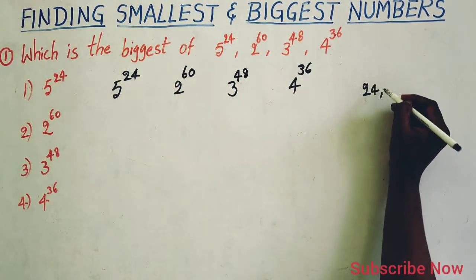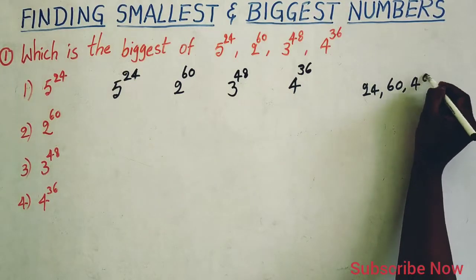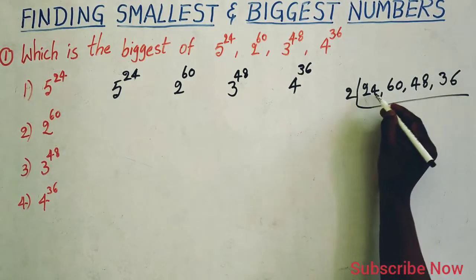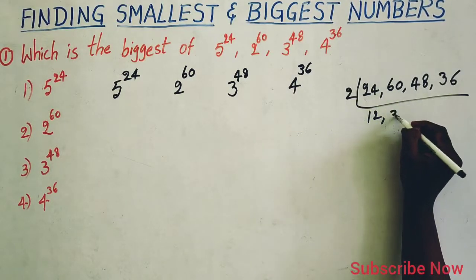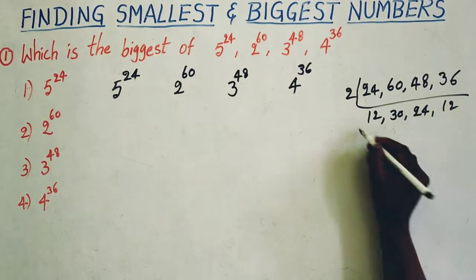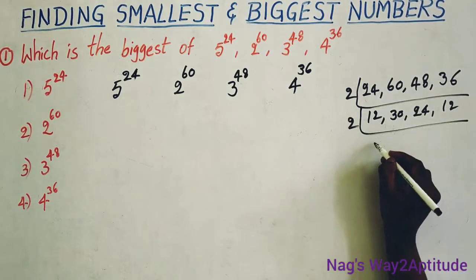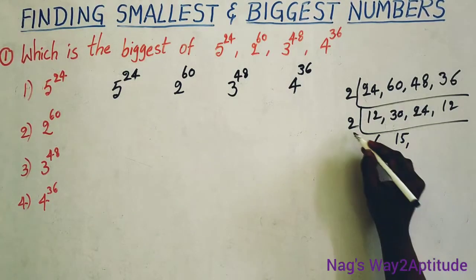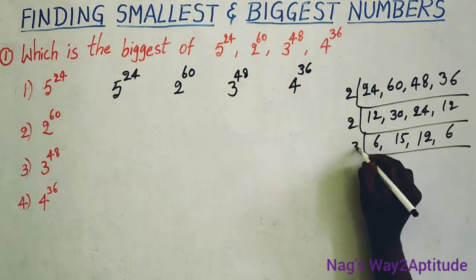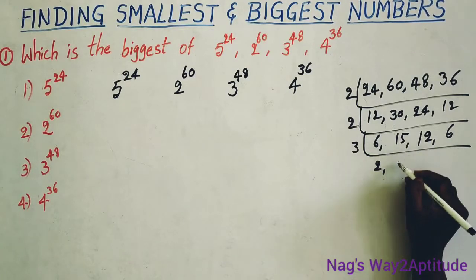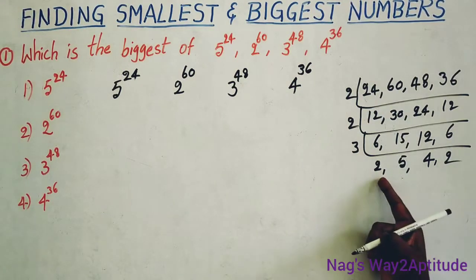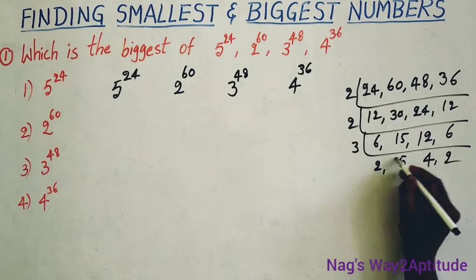So 24, 60, 48 and 36. If you take 2: 2 times 12 is 24, 2 times 30 is 60, 2 times 24 is 48, and 2 times 18 is 36. Again take 2: 6, 15, 12, 9... then take 3: 2, 5, 4, 3. Then 2, 5, 4, 3 have no common factor.